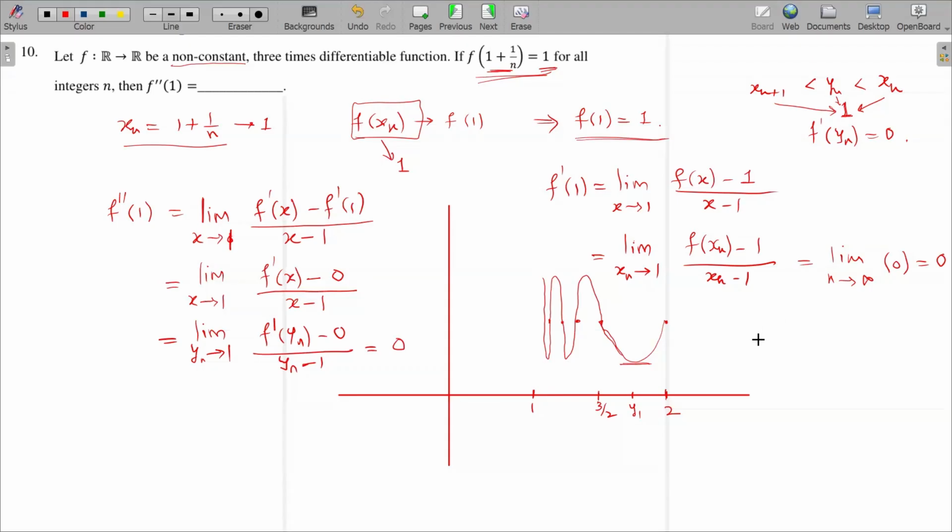Of course, it may take more jumps in between. I'm just saying the behavior is similar to sine 1 by x.